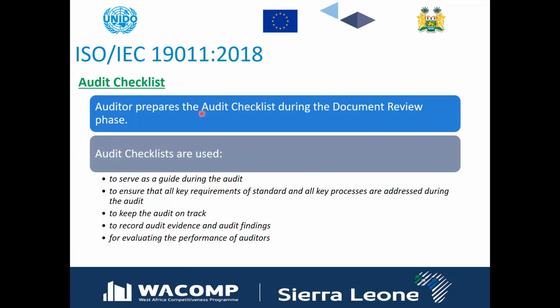This audit checklist helps you to remain on track, and helps you know what kind of records you have to check, what kind of data you have to collect, and what kind of activities you have to verify during the on-site audit.